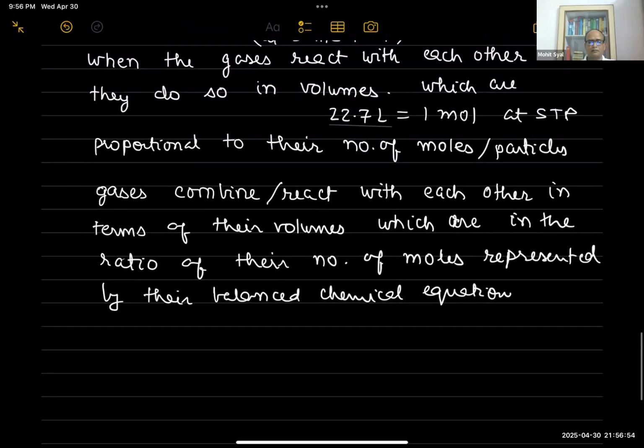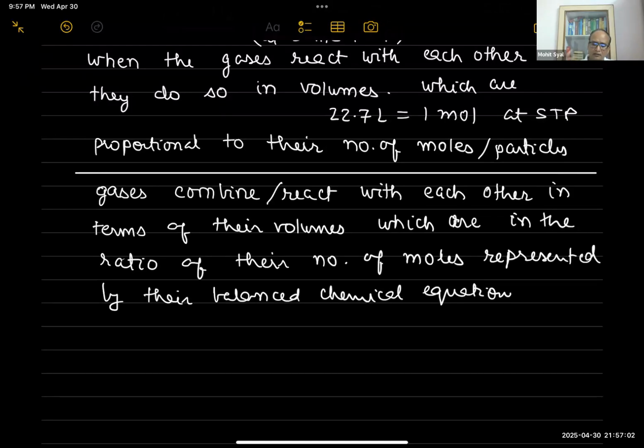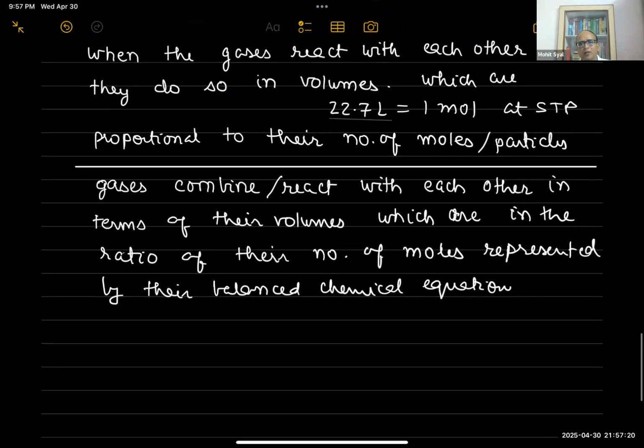Is it clear or not? Yes, sir. This is the same thing said in a different way. So when gases combine or react with each other, they react in terms of their volume. One volume or two volume. That volume can be liters or it can be ml. I'm using a general term volume.